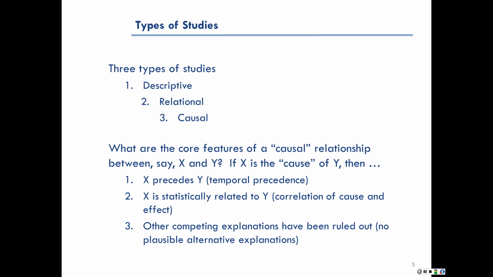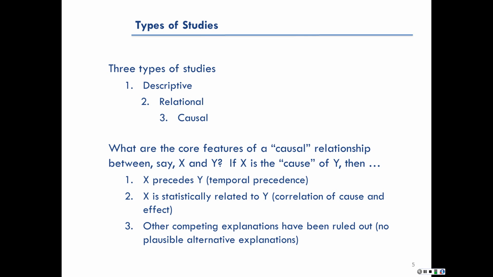An important question here is, what are the core features of a causal relationship between, say, variable x and variable y? Well, there are three things to know. If x is the cause of y, then first of all, x has to precede y in time. So we have to have temporal precedence. Secondly, x has to be statistically related somehow to y.